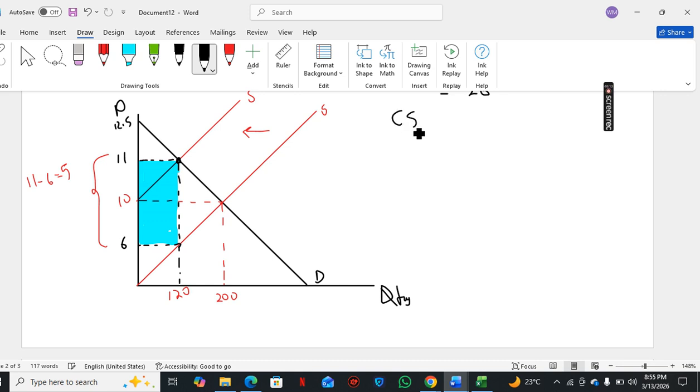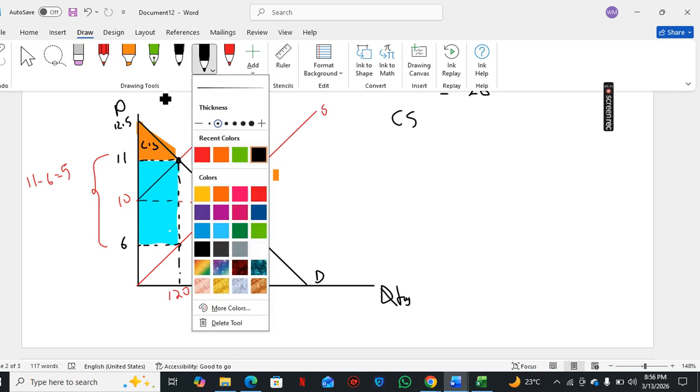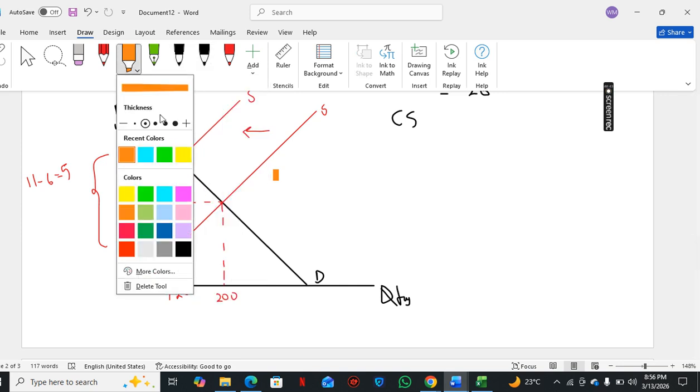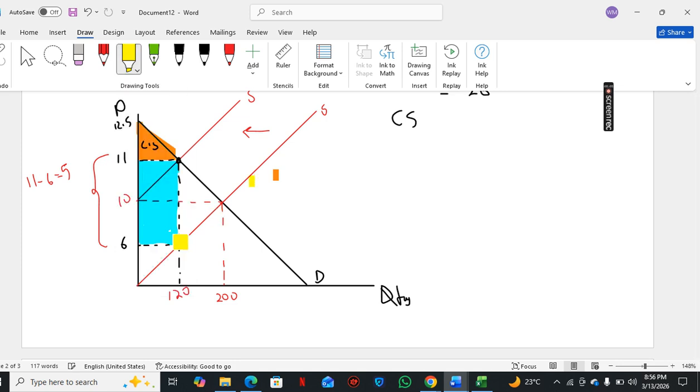So consumer surplus is now this little triangle here. This is our consumer surplus. This small triangle here, CS. Producer surplus. This small triangle here.